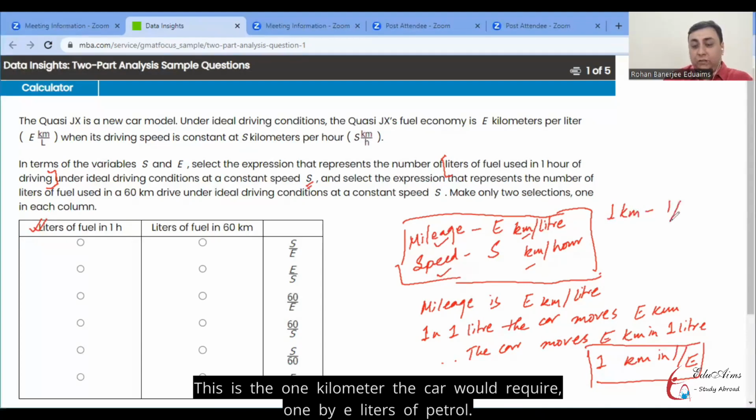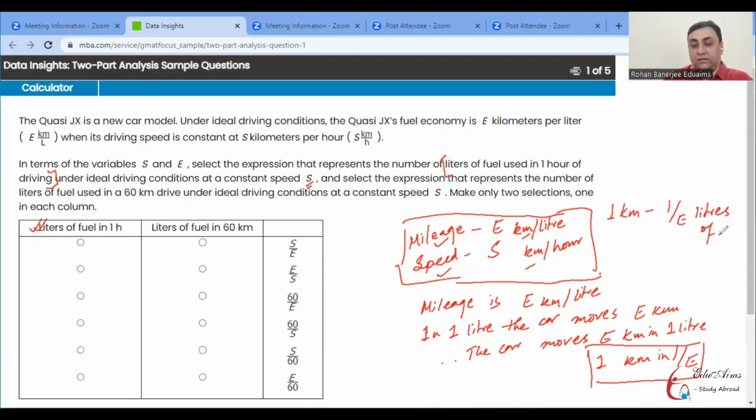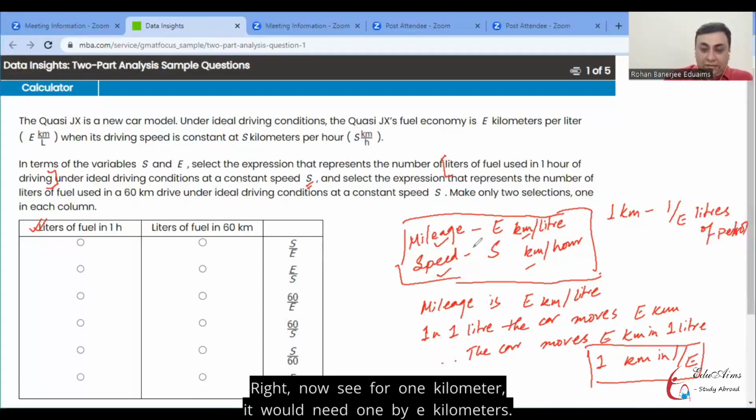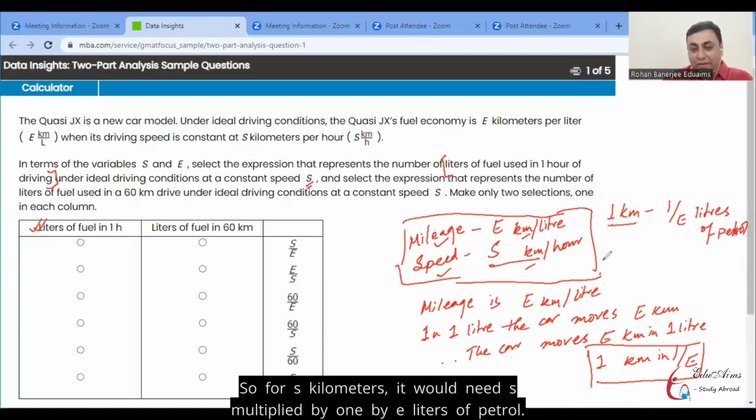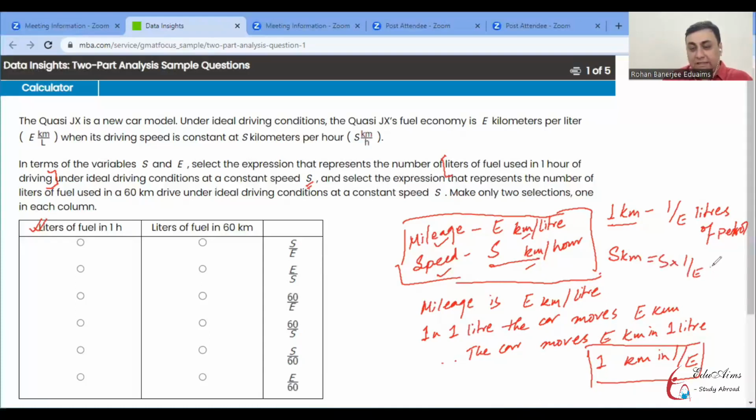The car would require 1 by E liters of petrol. Right? Now, for 1 kilometer, it would need 1 by E liters. So for S kilometers, it would need S multiplied by 1 by E liters of petrol. That is S by E liters of petrol.